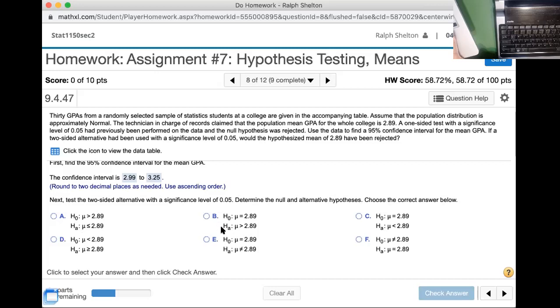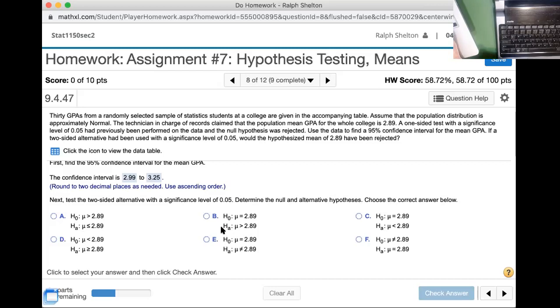We've got it here on B and E and C. But now it says test the two-sided alternative. The two-sided alternative means the alternative is going to say mu is not equal to, because it could be out in either tail.